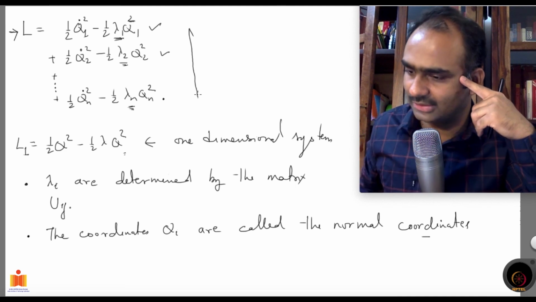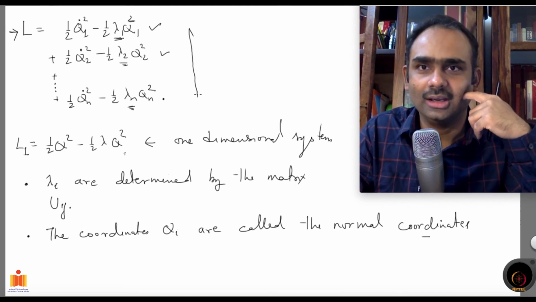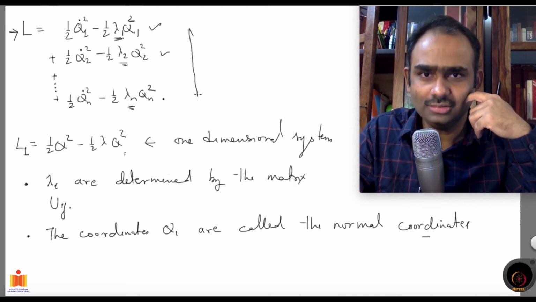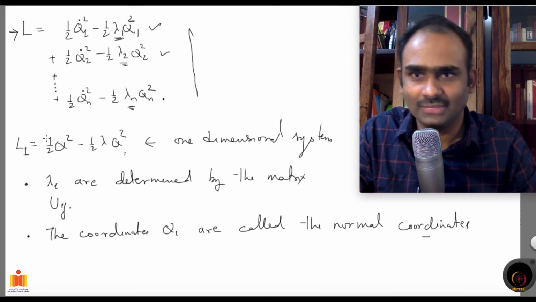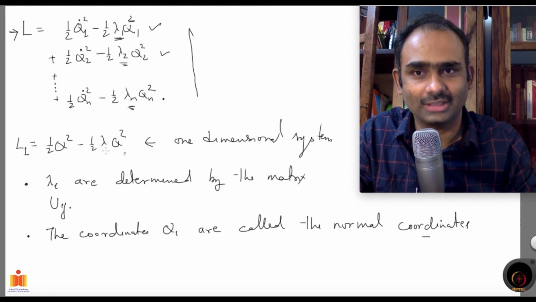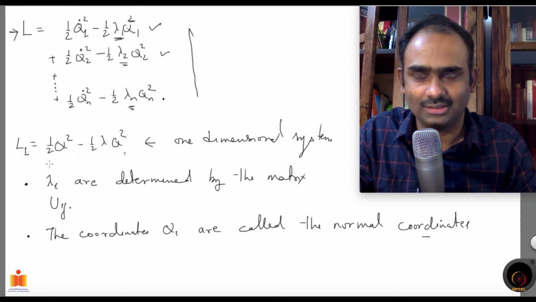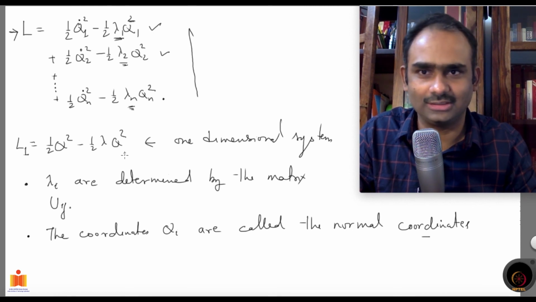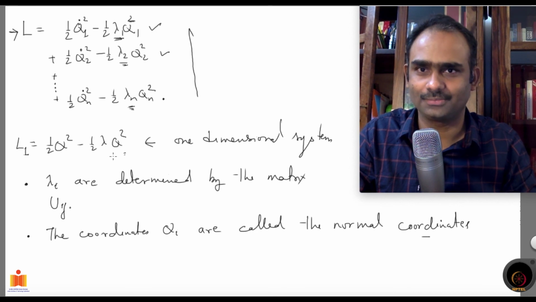That's what we will do next time, and I hope you already know, but anyway I will do it next time, that this is the Lagrangian of a simple harmonic oscillator if lambda is positive. I believe I have derived this or talked about this earlier, but in case not, I will do it in the next video.